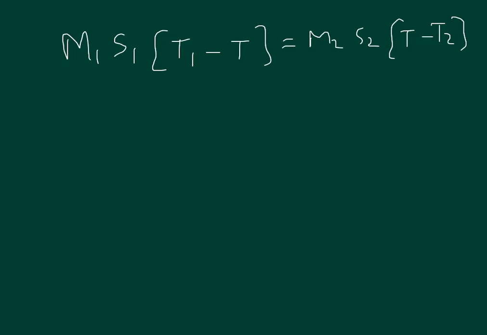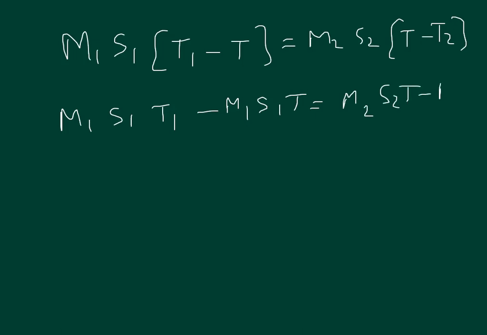So delta T is the temperature difference, like that we have written, and I want the T value, the resultant temperature. M1 S1 T1 minus M1 S1 T is equal to M2 S2 T minus M2 S2 T2. Actually my target is the resultant temperature T value.